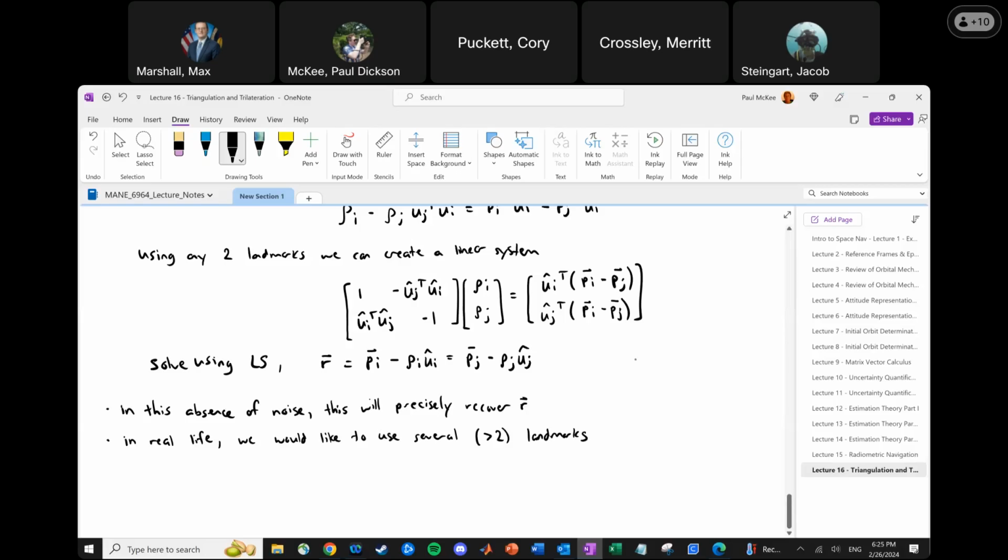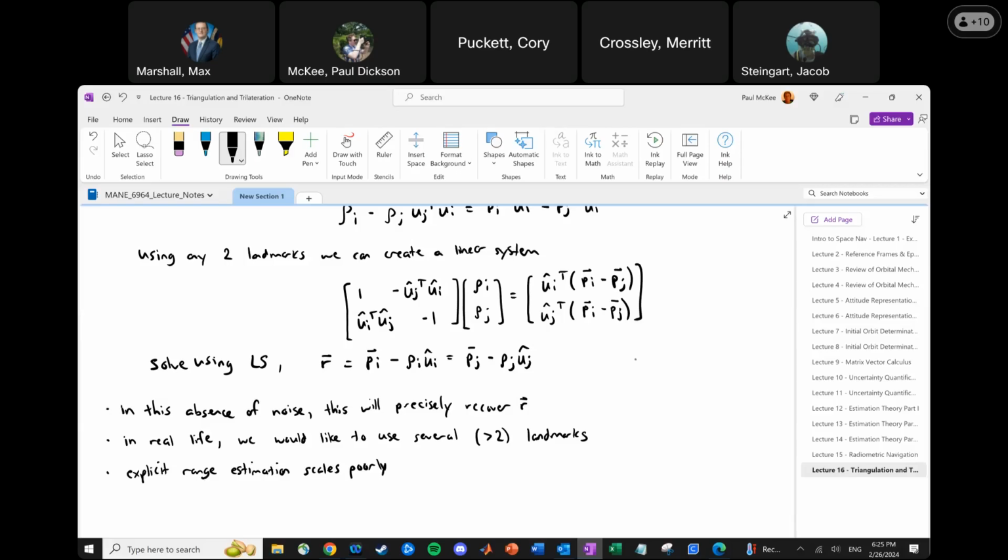So here's the rub, right? This explicit range estimation scales poorly. So I've shown it to you for a system of 2 landmarks. But what happens in a system of 3, well, let me go through an example here. Explicit range estimation scales poorly.